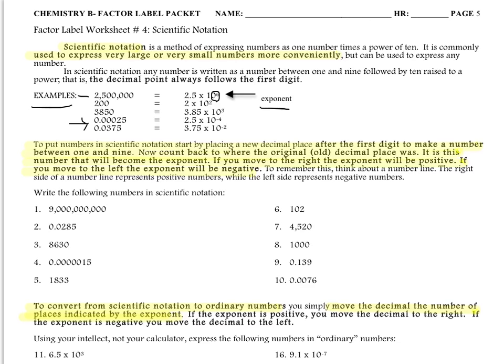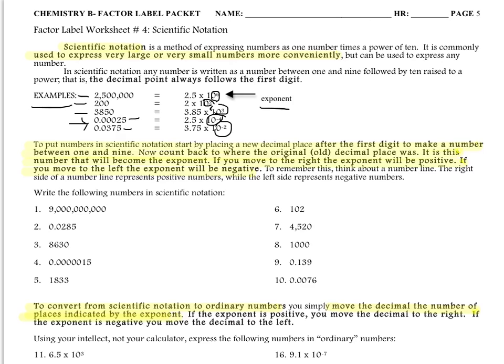If you look at the first three numbers, the 2,500,000, the 200, and the 3,850, when we put them in scientific notation, they all have positive exponents. And for the smaller numbers down here at the bottom, the 0.00025 and the 0.0375, they both have negative exponents.